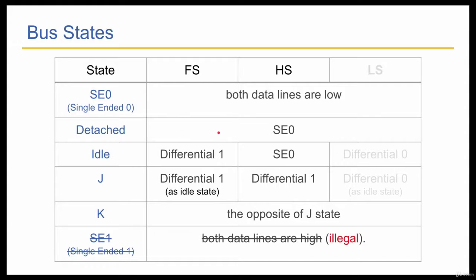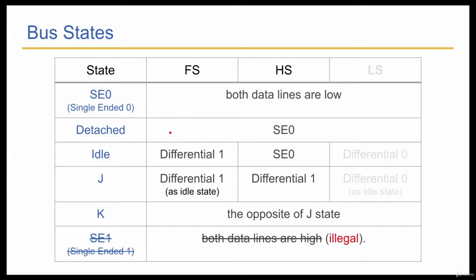And here I want to mention, because when we talked about the detached state, I mentioned that both data lines are by default pulled down at the end near to the host. But when we connect a USB device to a specific USB port, this USB device has one of the data lines pulled up, and which data line, if it is D plus or D minus, depends on the speed of the device. We will see that later.